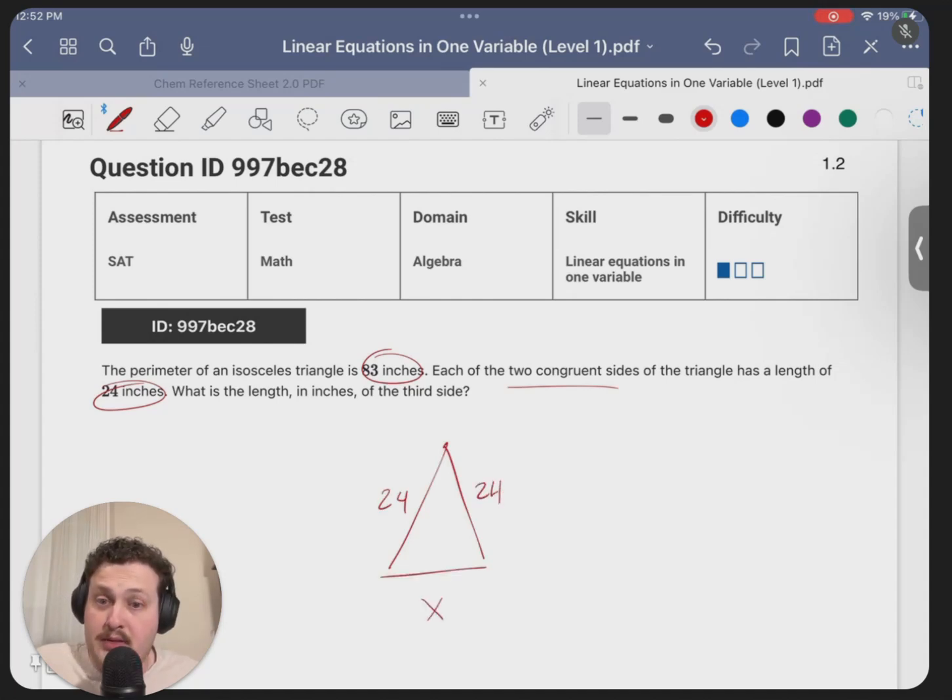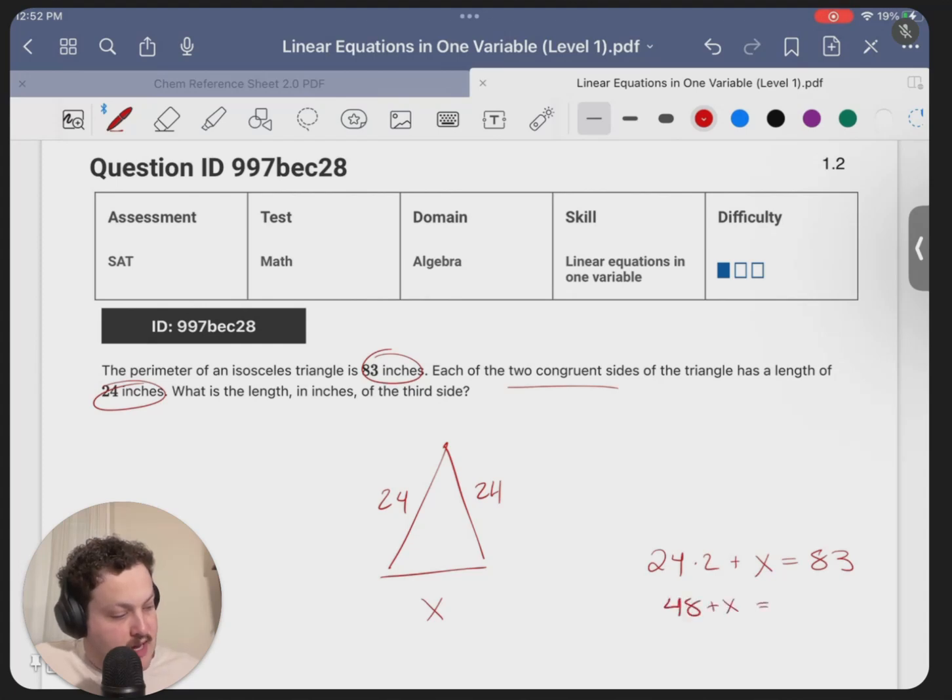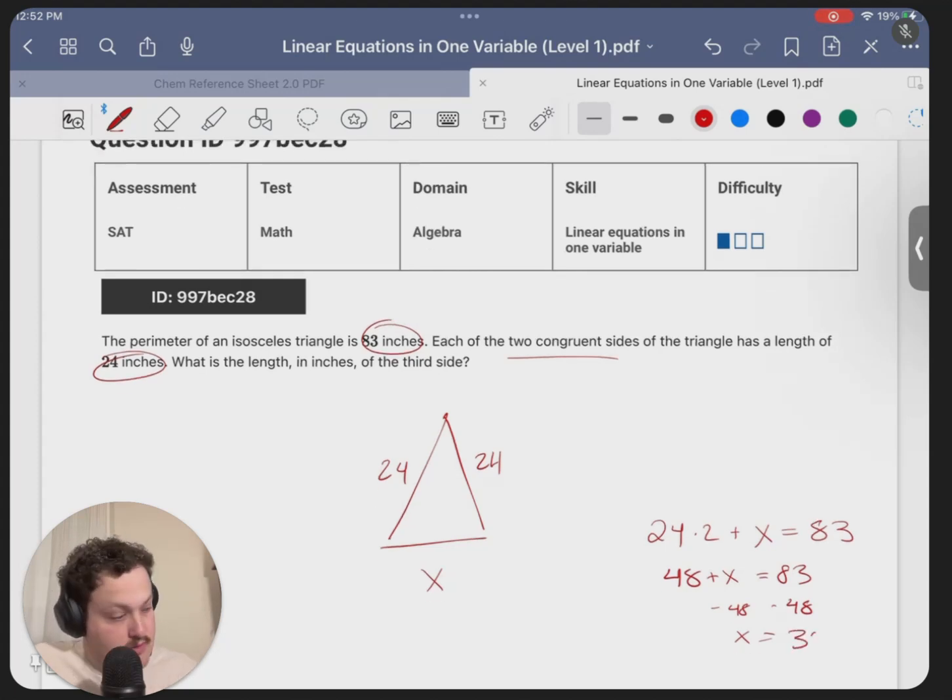You know that perimeter is all of those added together. 24 times 2 plus x equals 83 inches total. So that's 48 plus x equals 83, minus 48 from both sides. We get 35 inches. Great. I'll check that later.